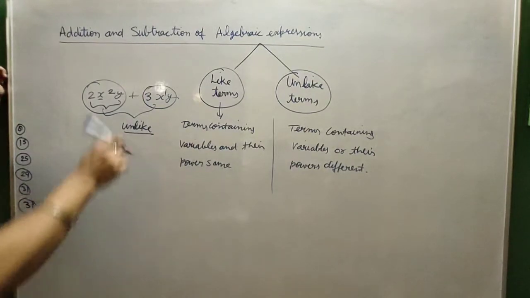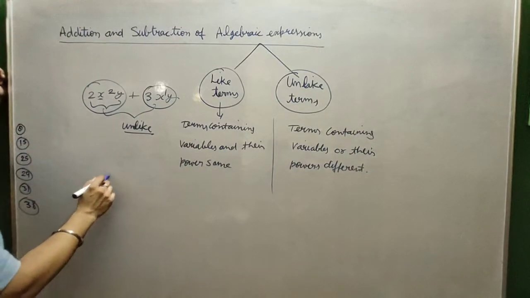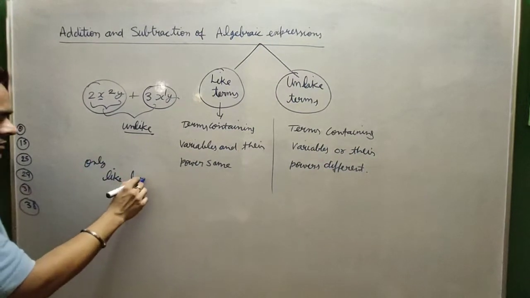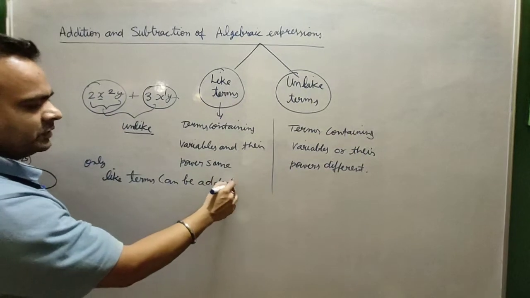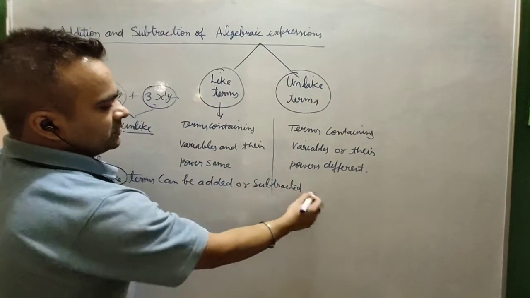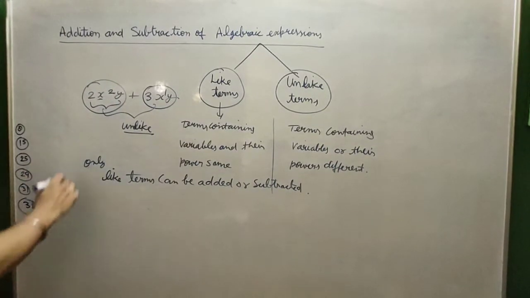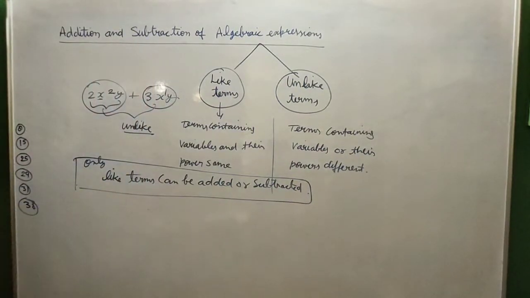Now, what is related to this? The concept behind it is that only like terms can be added or subtracted. On this particular point, you have to be very, very careful, because sometimes students make a mistake here.